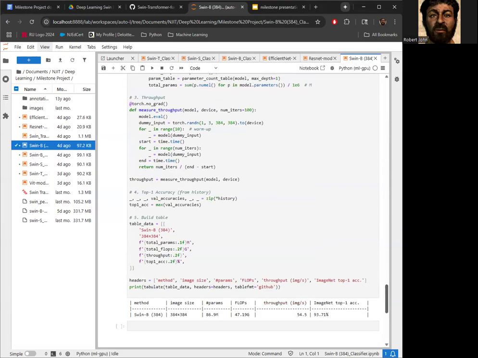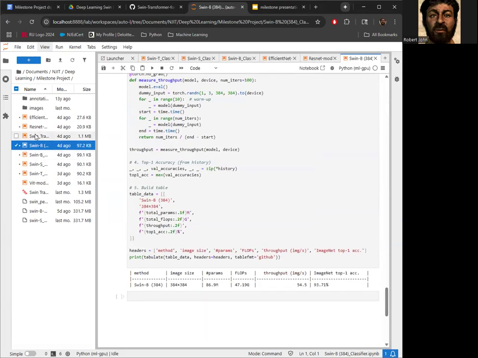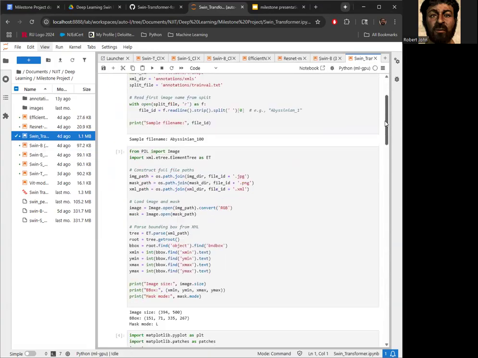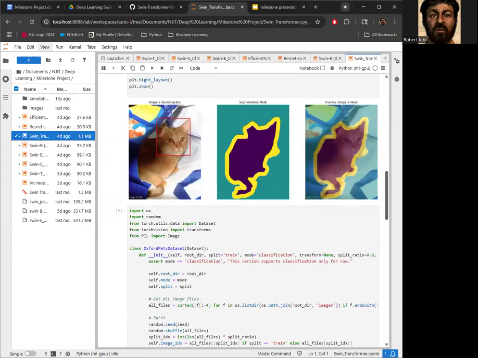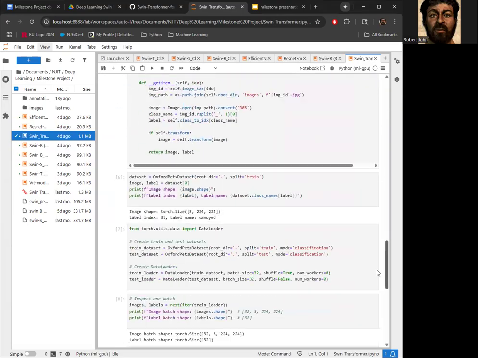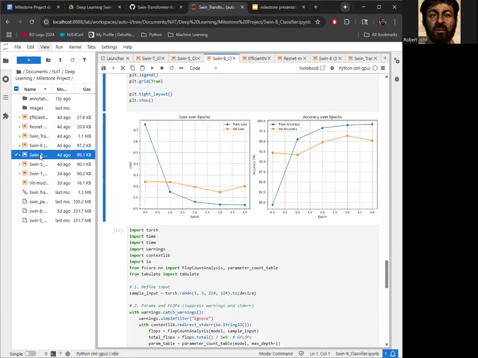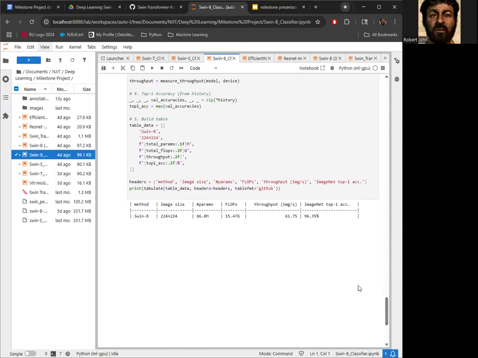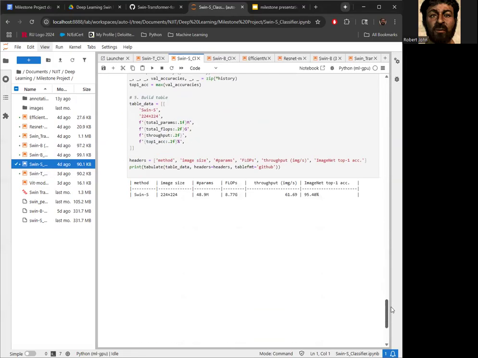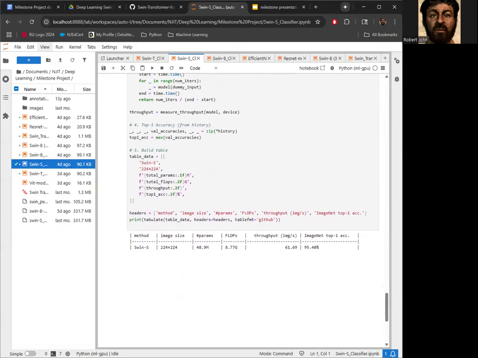This is for my Swin B. I ran them separately because initially I was having a few issues because of the different image sizes. I wanted to make sure that the input was not being corrupted and the output that I was receiving was consistent. For the Swin T, and this is my Swin small results.